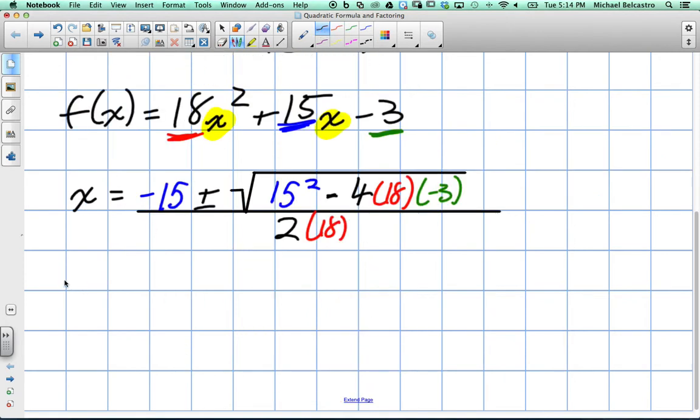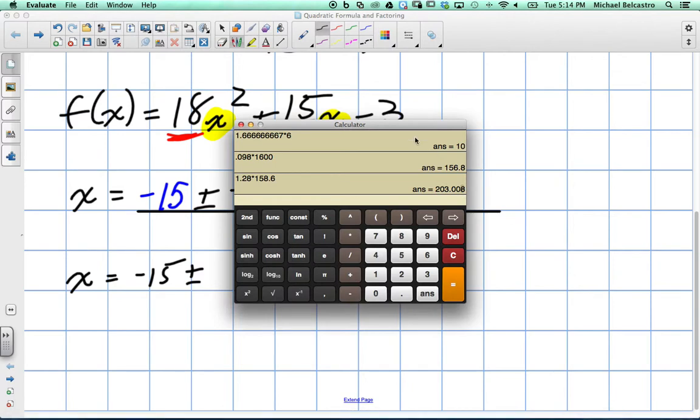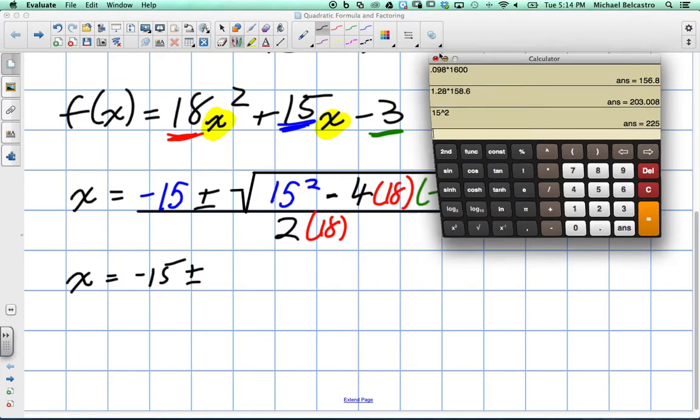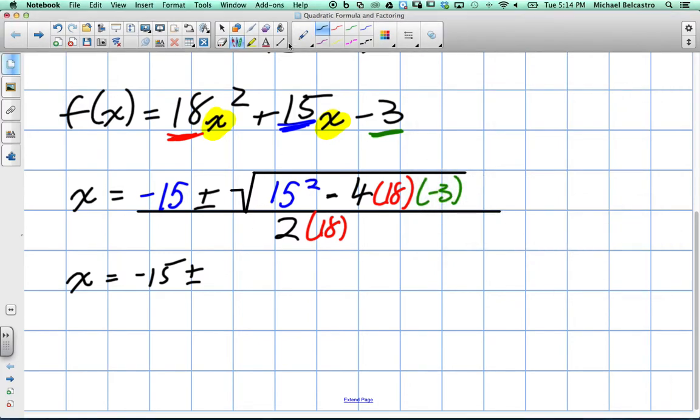Okay, so let's go through this. -15 plus or minus... We'll take our calculator out here. 15 squared is 225. So 225. And now here we have, think of it like -4 times -3.